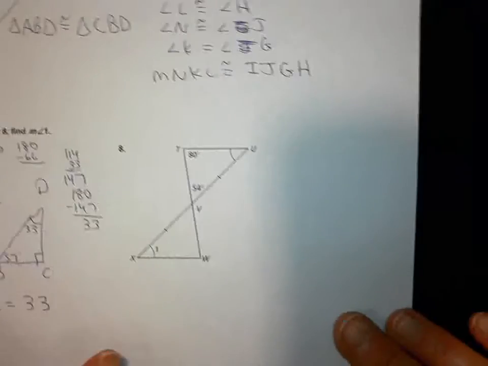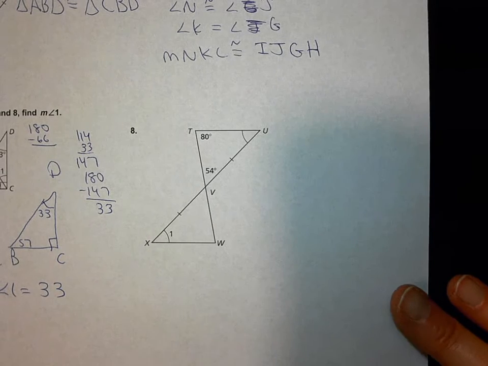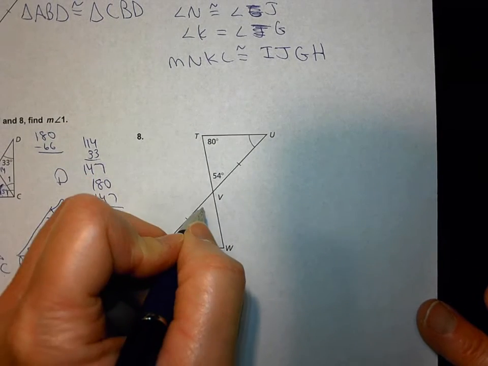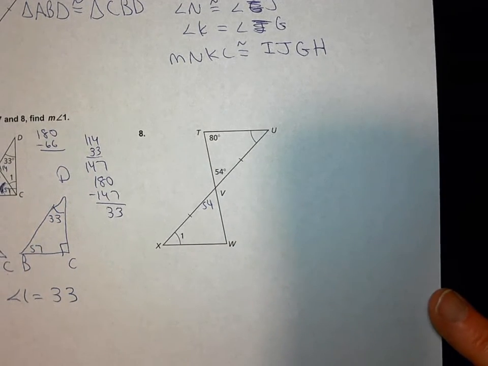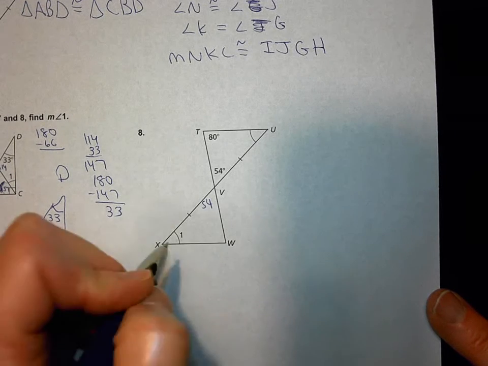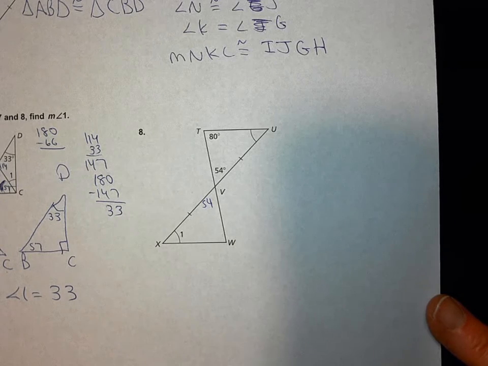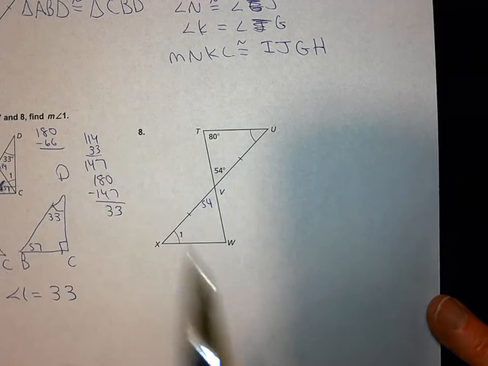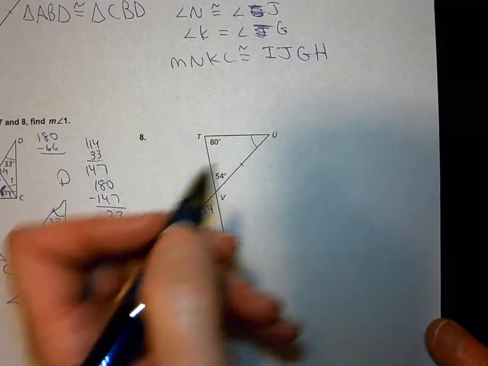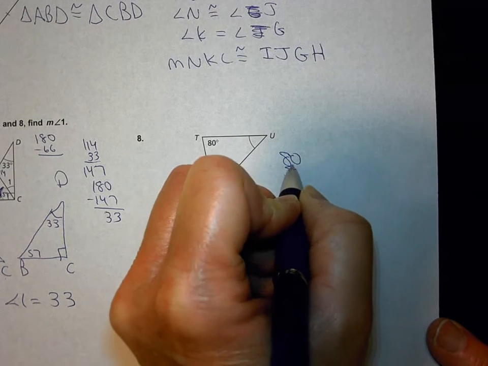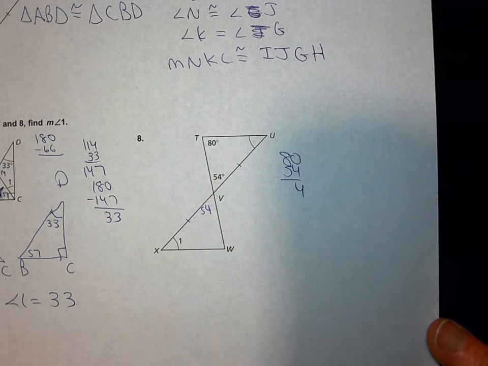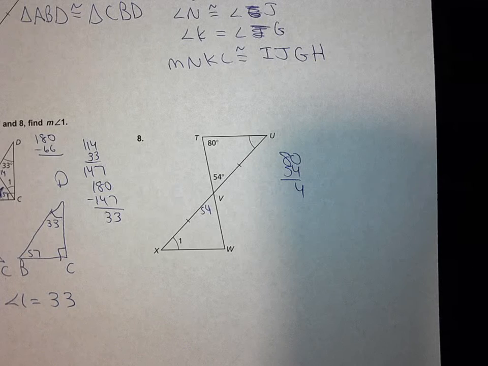Okay, last thing, we're going to fill in what we know here. So we have a vertical angle, so this becomes a 54. Angle X is congruent to angle U because they have the same markings. And if we have a 54 and an 80 here, we can find that one. So 80 plus 54, 8 and 5 is 13, so 134.